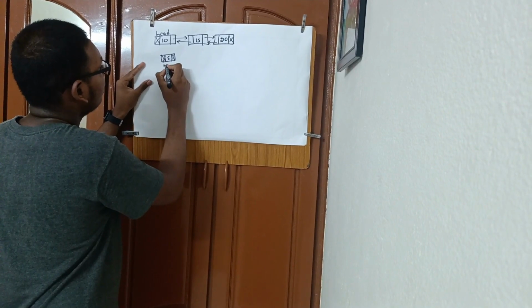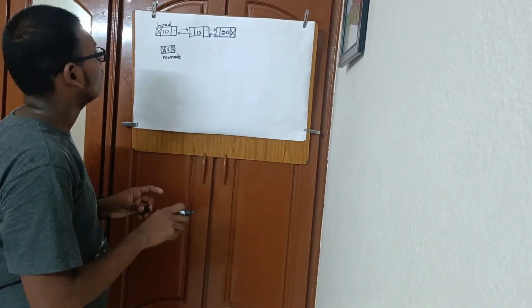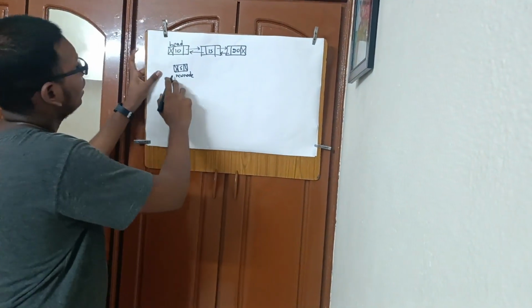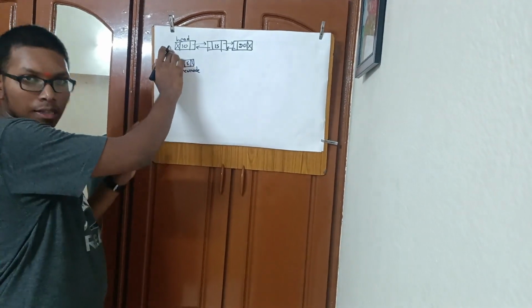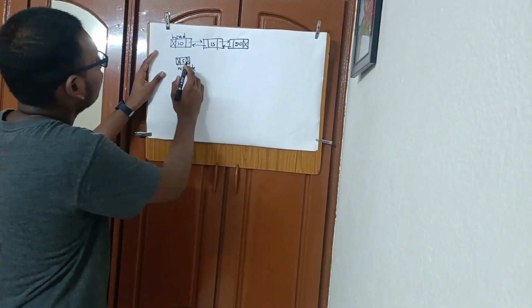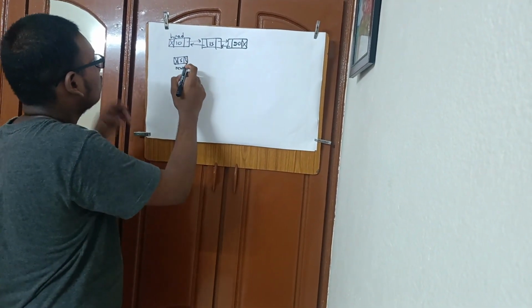We are calling it the new node. If we have to insert this node in front of the double linked list, we have to initialize the next part of the new node.